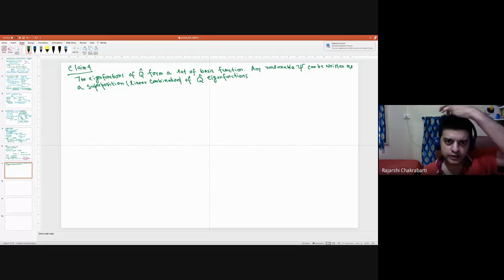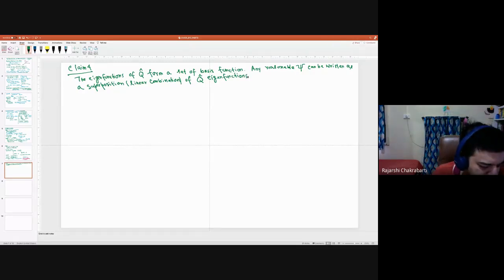This I have told you, the statement I had given. So I'm just stating it again. This is claim 4, and essentially any arbitrary function psi of x I take, I can write as a sum of Ci times psi i of x.